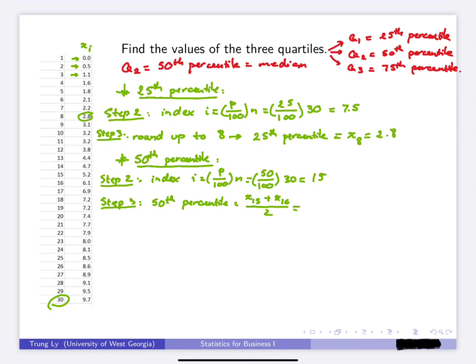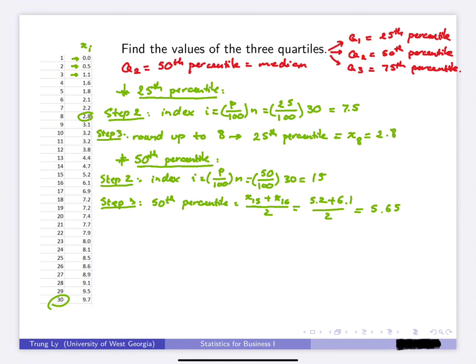So that is 5.2 plus 6.1 divided by 2. That gives us 5.65 as the value of the 50th percentile.